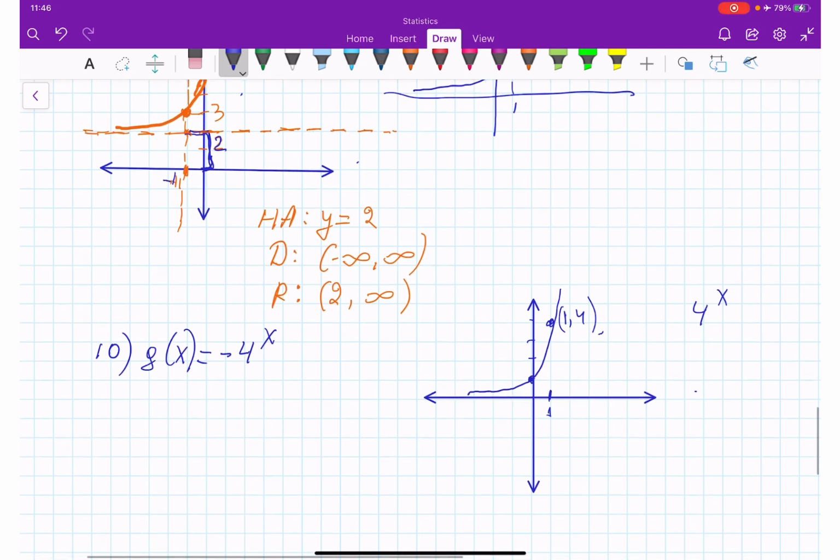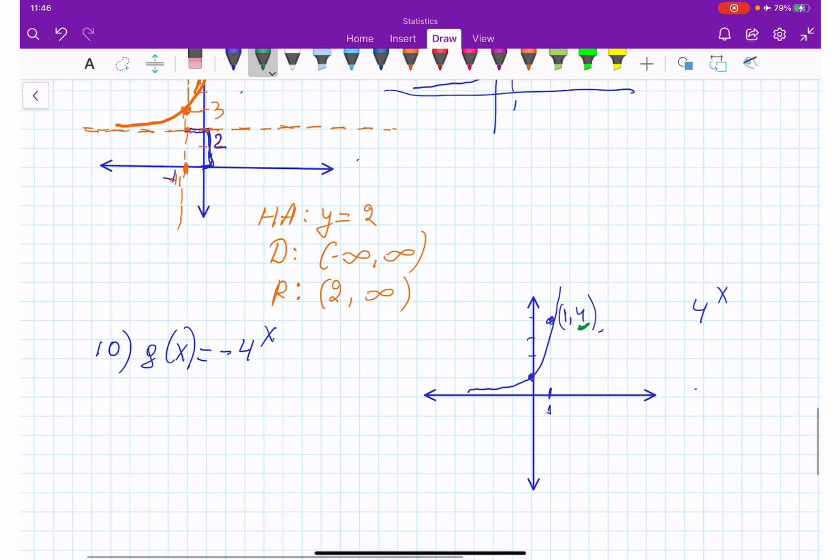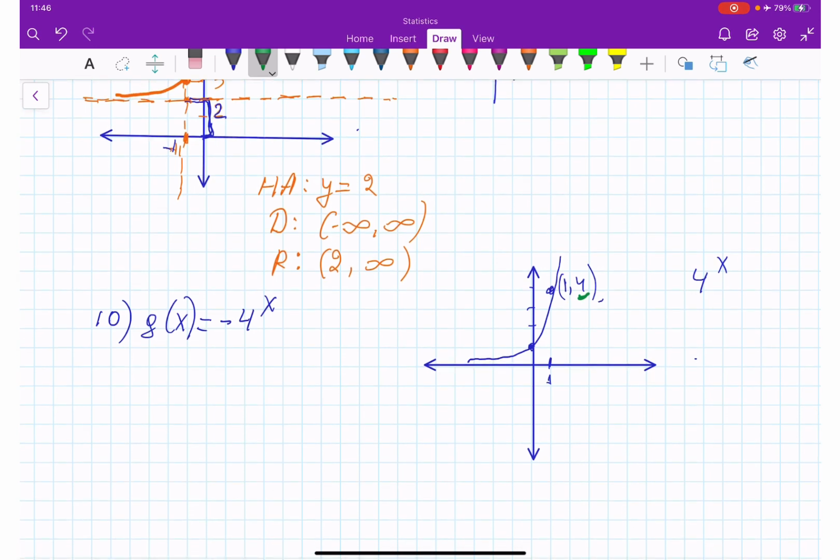So what is going to change here? Instead of positive 4, we are going to get negative 4, which means for this case, we are going to have positive 1, but negative 4. 1, 2, 3, 4. So it's going to be 1, positive 1, but negative 4.